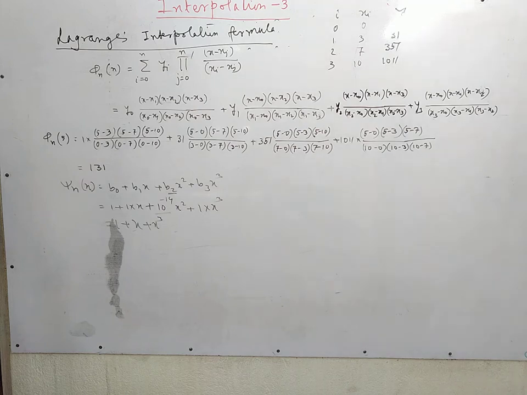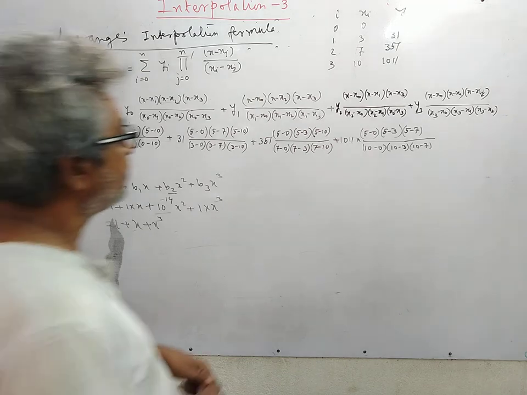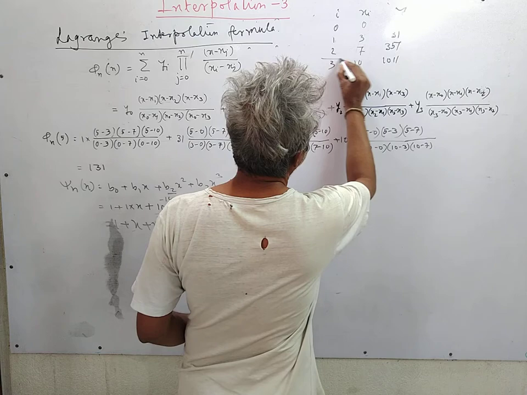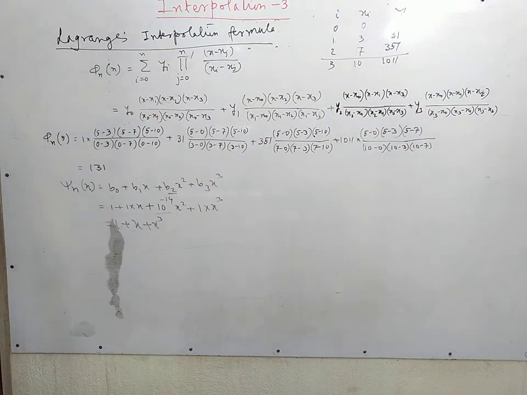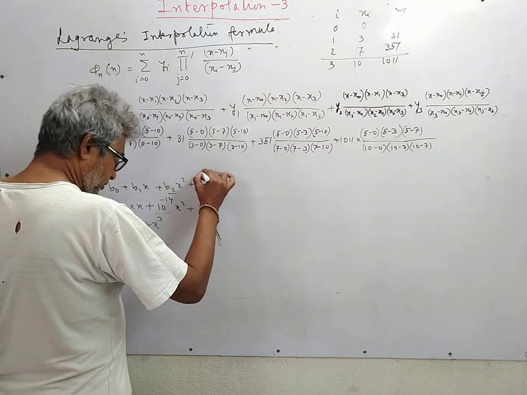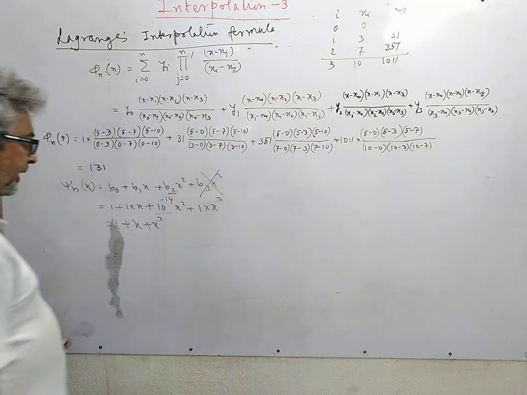The problem with this formula is that if you do not have a sufficient number of data, for example, if we were not provided with this data, the polynomial we would have will be up to second degree.